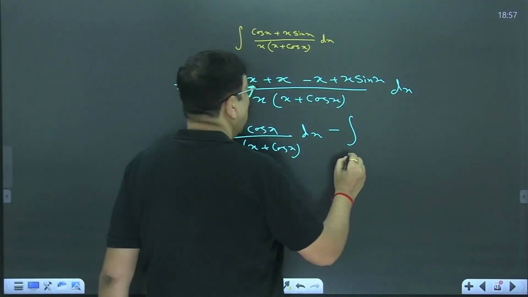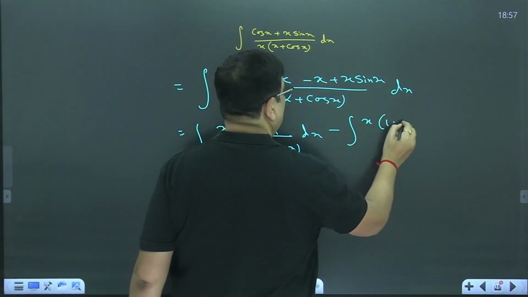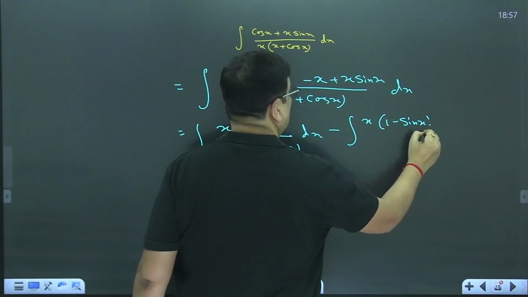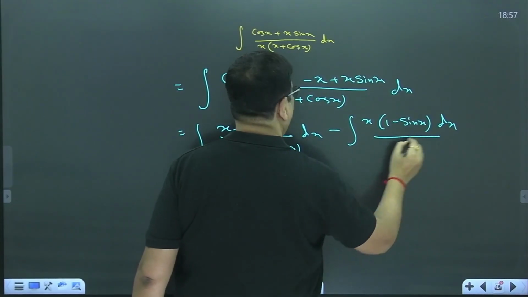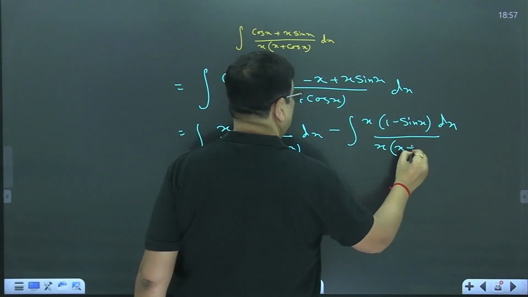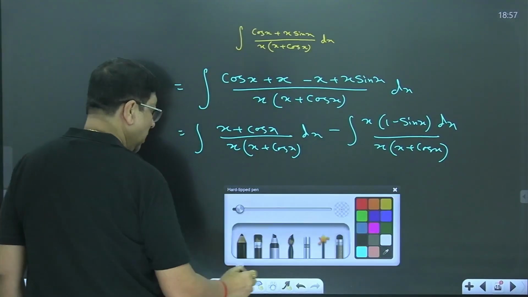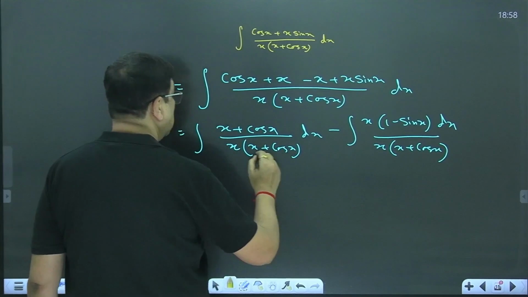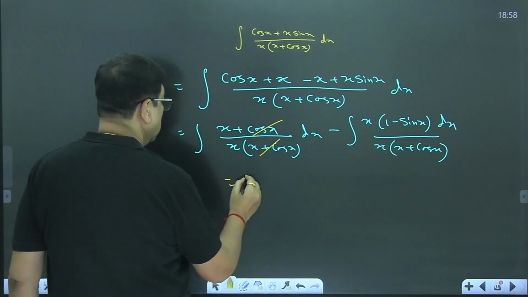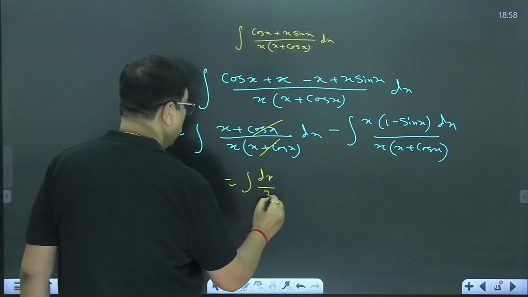So I can write here minus x into 1 minus sin x dx divided by x into x plus cos x. So this is getting cancelled, everybody, and dx by x is log x coming.